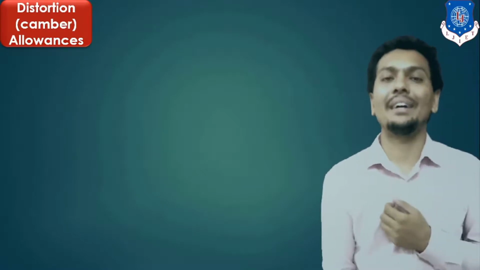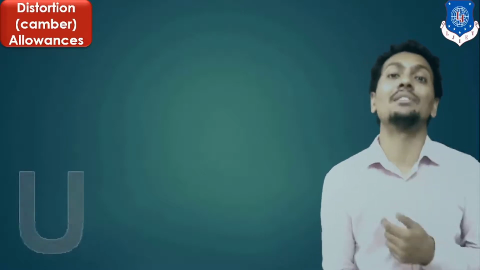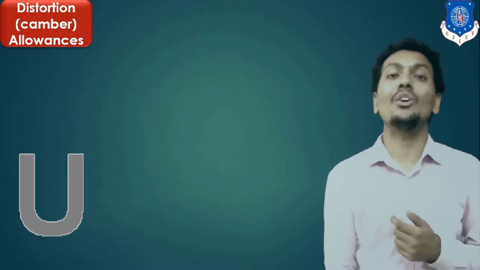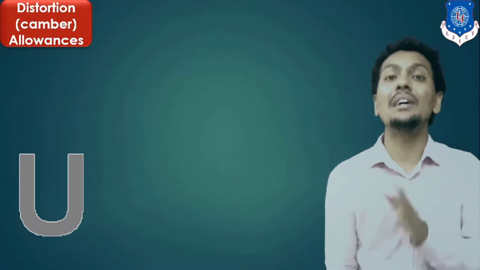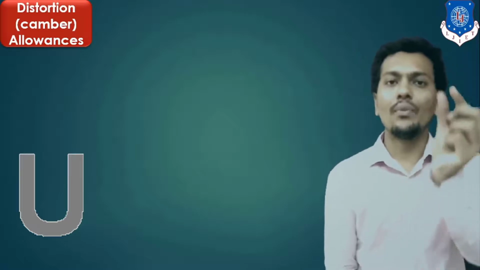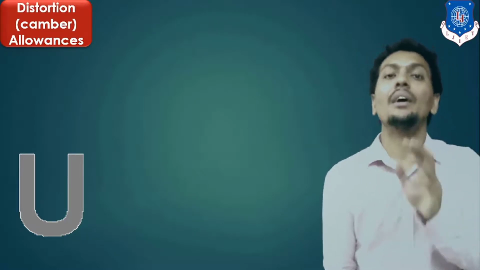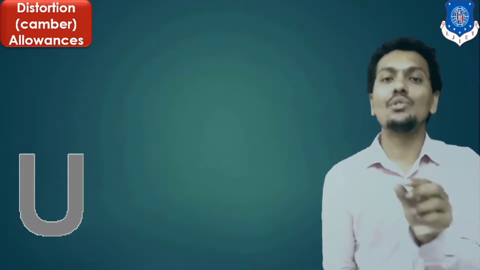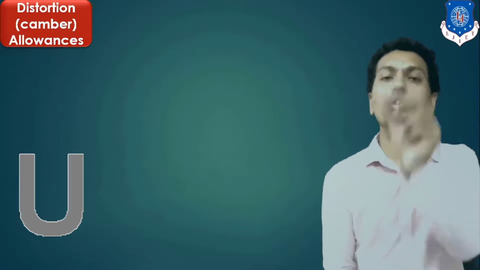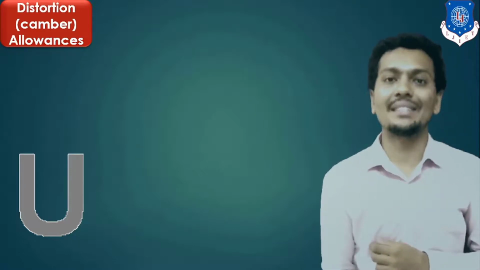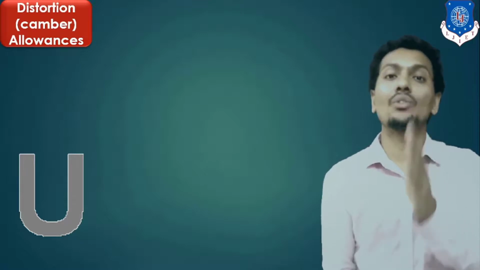After the draft and taper allowance, I mentioned the distortion or camber allowance. So what is the purpose or concept or significance of camber or distortion allowance? Sometimes for a U-shaped job, for example, I mentioned in this figure, if your target is to make this type of thin U section or U-shaped final casting, what happens during cooling and solidification?